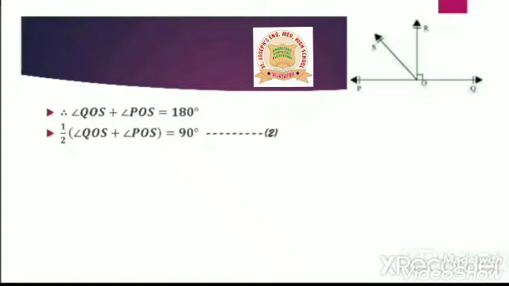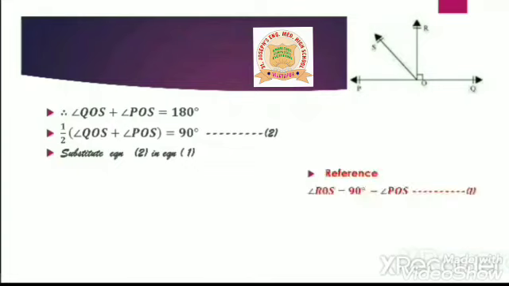Now let us substitute that in equation 1. Let's substitute equation 2 in equation 1. Equation 2 we got it here. Equation 1, for reference, I have just written here: ROS is equal to 90 minus POS. So in place of 90, can I write this?